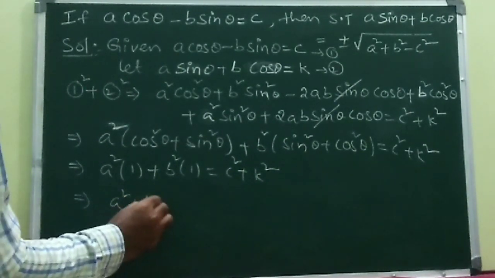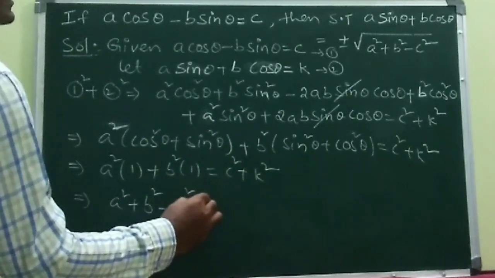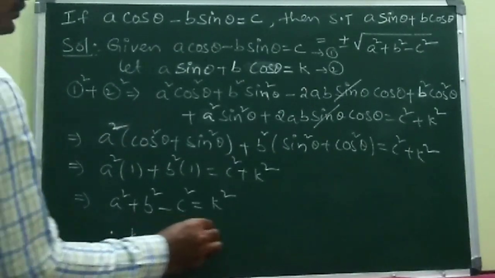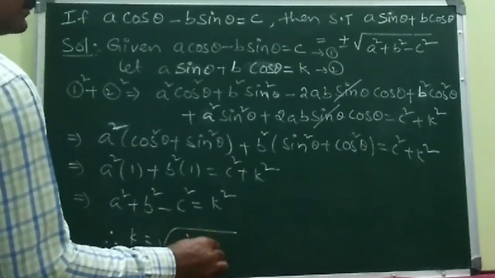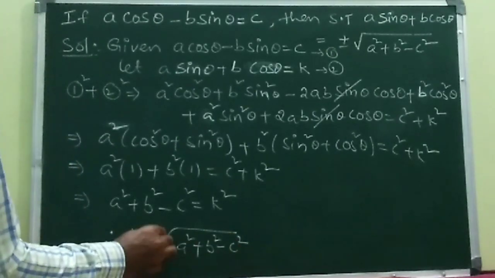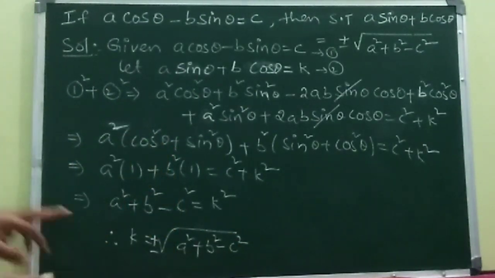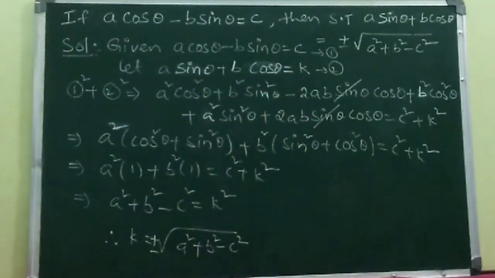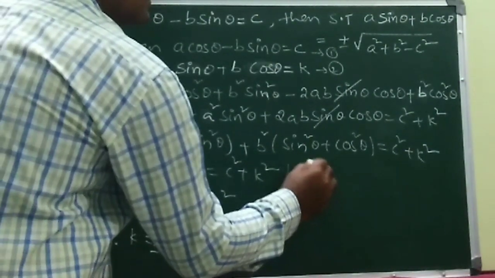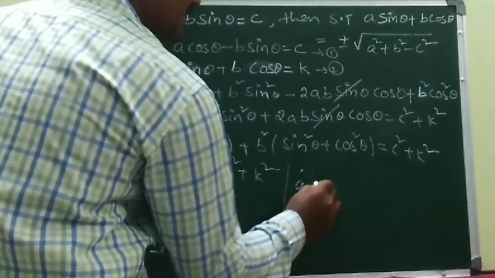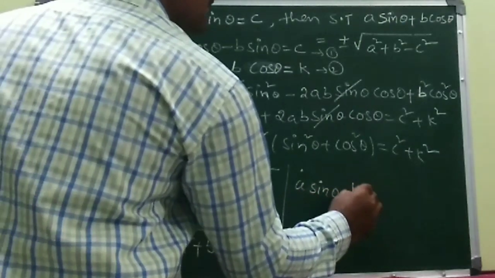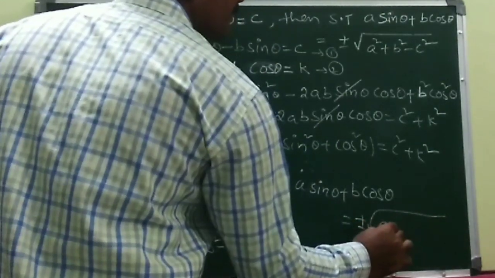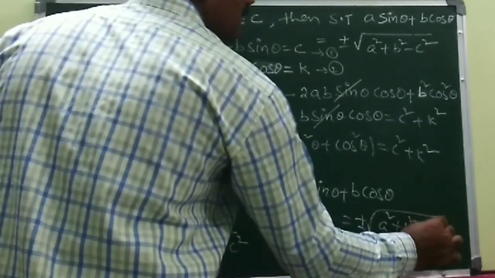Therefore, bringing c square to this side, k equals plus or minus root of a square plus b square minus c square. And k is what we considered, a sin theta plus b cos theta. Therefore a sin theta plus b cos theta equals plus or minus root of a square plus b square minus c square.